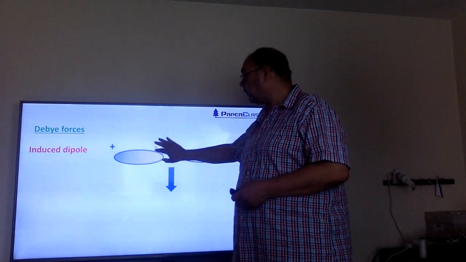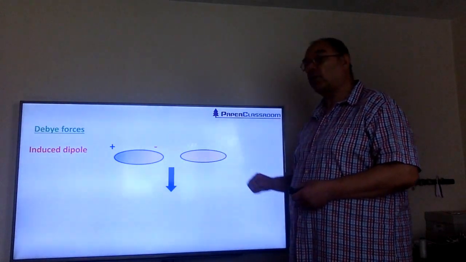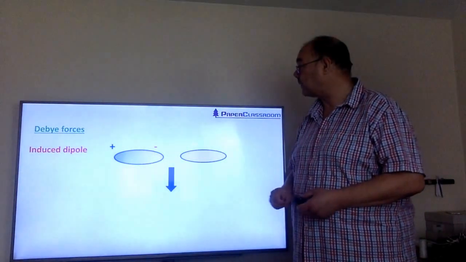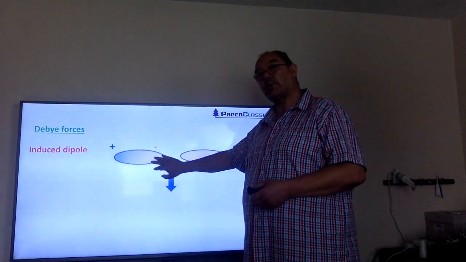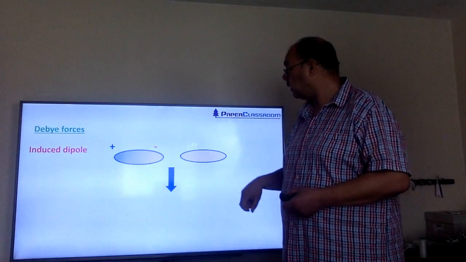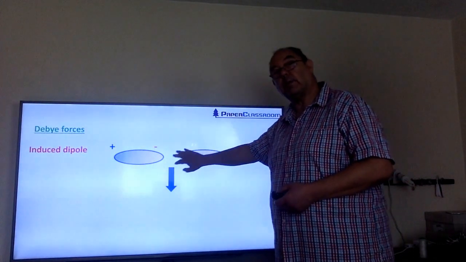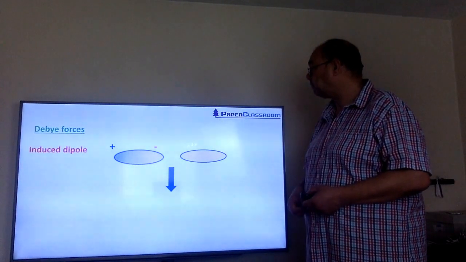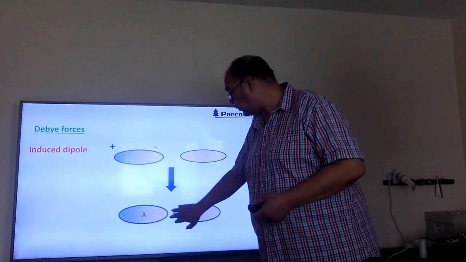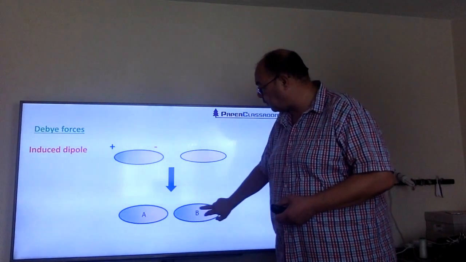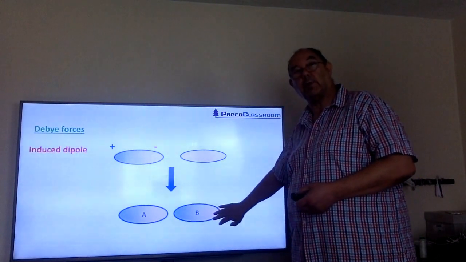So if you have a lot of electrons here, when you have another molecule next to it consisting of at least 2 atoms, the side of the molecule that's nearest all those negative electrons will tend to push the electrons away because same charges repel. So what will happen is, this congregation of electrons will discourage electrons from coming over here, and so it will induce a dipole in this molecule.